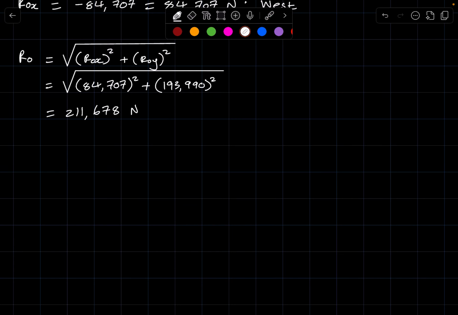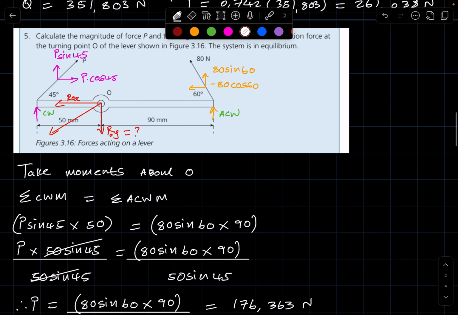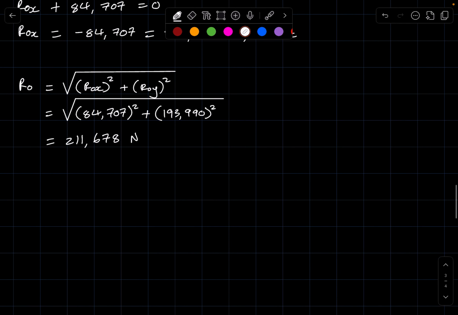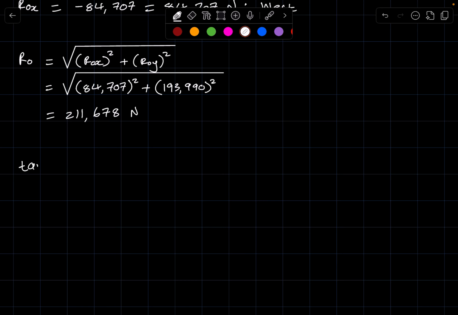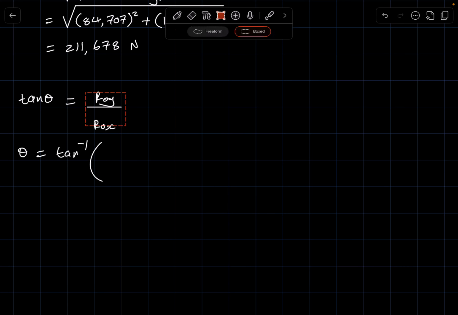Calculating the angle, call that theta, the angle referenced from the x-axis. So referencing our angle from the x-axis means using tan theta is equal to the y component, RO in the y direction, divided by the x component, RO in the x direction. To get theta, this will be arctan of this.